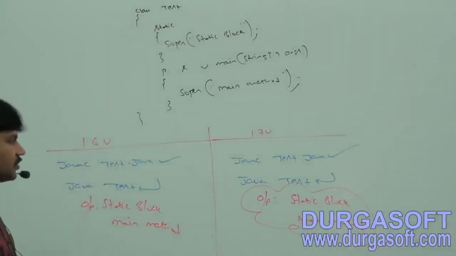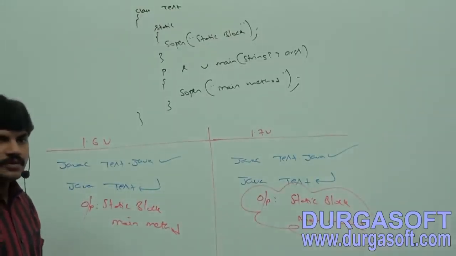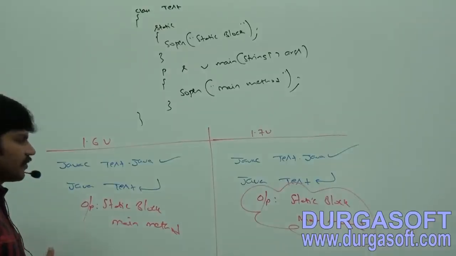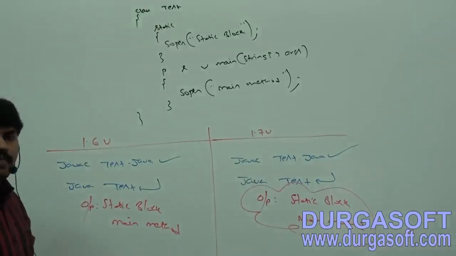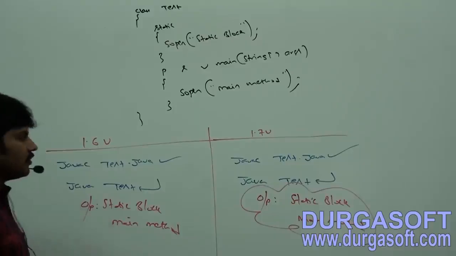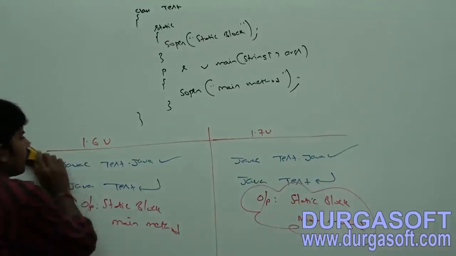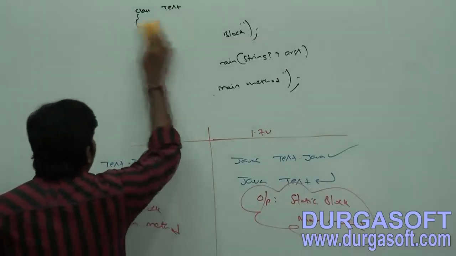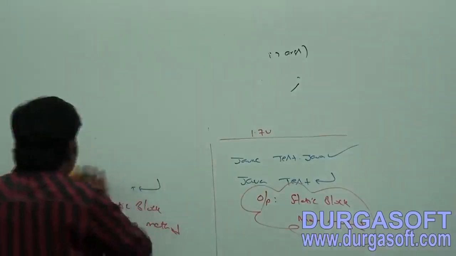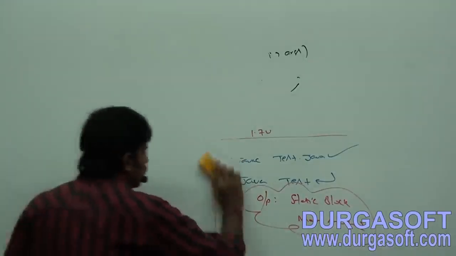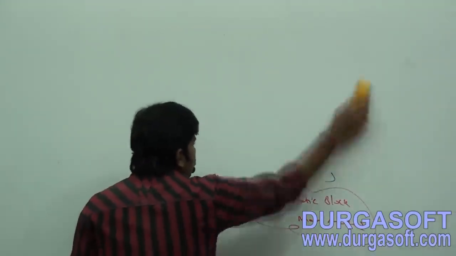javac Test.java, java Test: this is the output by default we are going to get anyway. So how is the flow in the 1.6 version, and how is the flow in the 1.7 version? Let me explain with a small diagrammatic approach. If it is the 1.6 version, this is how the flow goes.